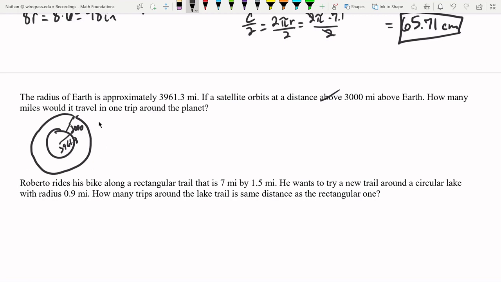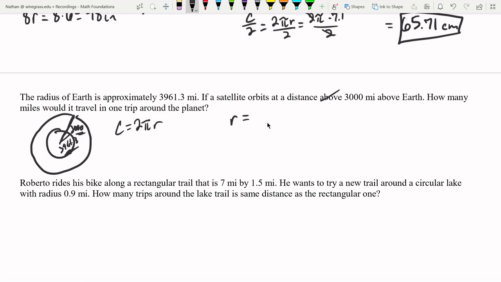So all we have to know is the radius or the diameter, and then we know the circumference, 2 pi times the radius. Well, the radius is just this distance plus this one. We know both of those: the radius of the Earth and the distance from the surface of the Earth to the satellite's position.